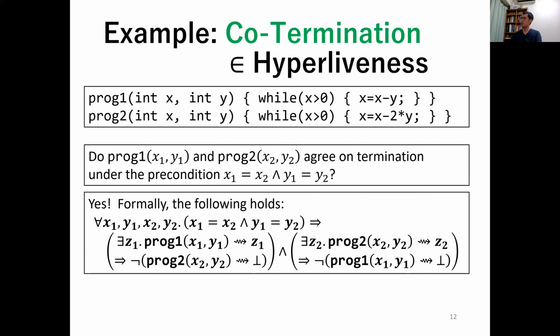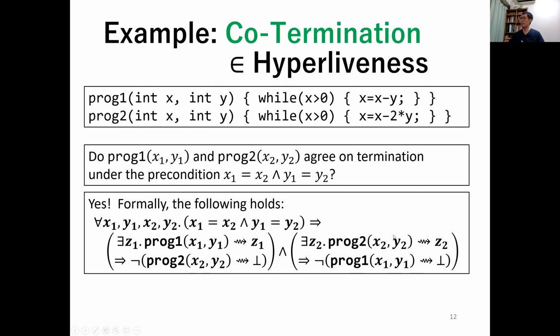Now, do these programs satisfy co-termination? Yes, and formally, this property holds. If you execute program 1 under some input, and it terminates and gets output Z1, then program 2 does not diverge. It will terminate. Likewise, if program 2 terminates, then program 1 must terminate.